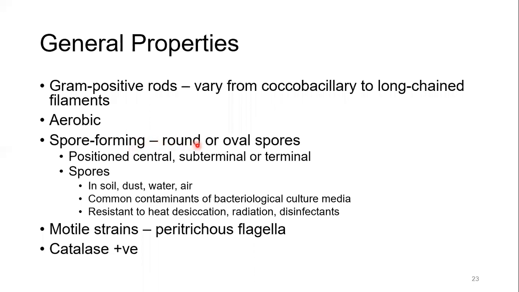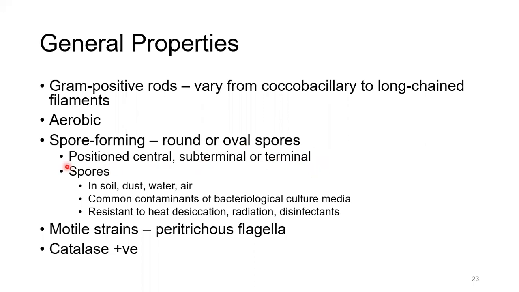And the spores are either round or oval. They tend to be in different positions. They are either in a central position, or subterminal, close to the end but not right at the end, or they are at the end of the bacillus. And I'll show you examples of that.